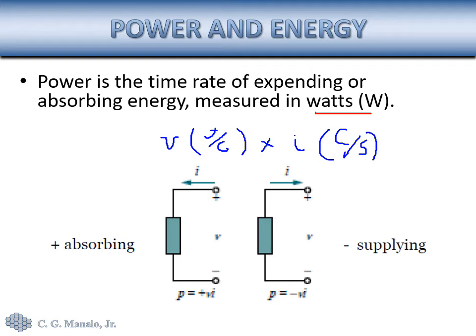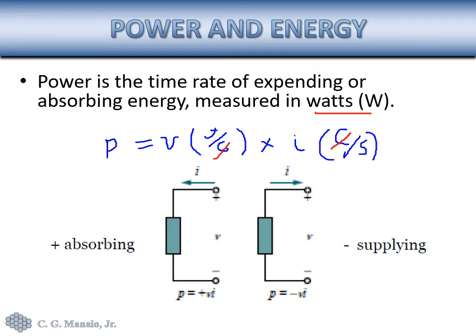In that case, that will cancel out the coulombs, leaving us with joules per second, which is actually a unit of power. So that will actually give us power for the element.